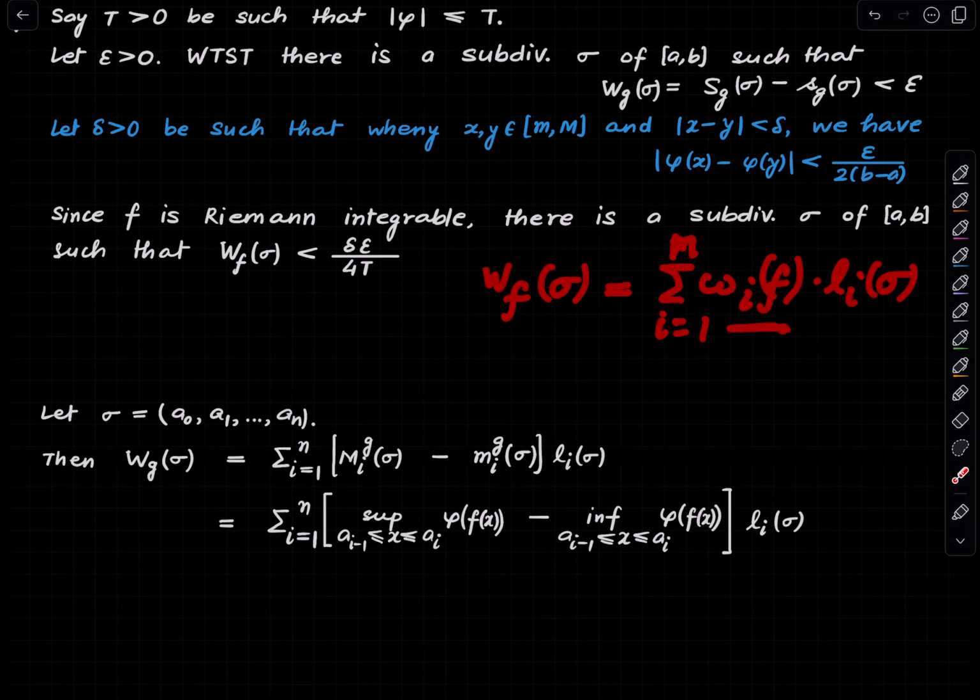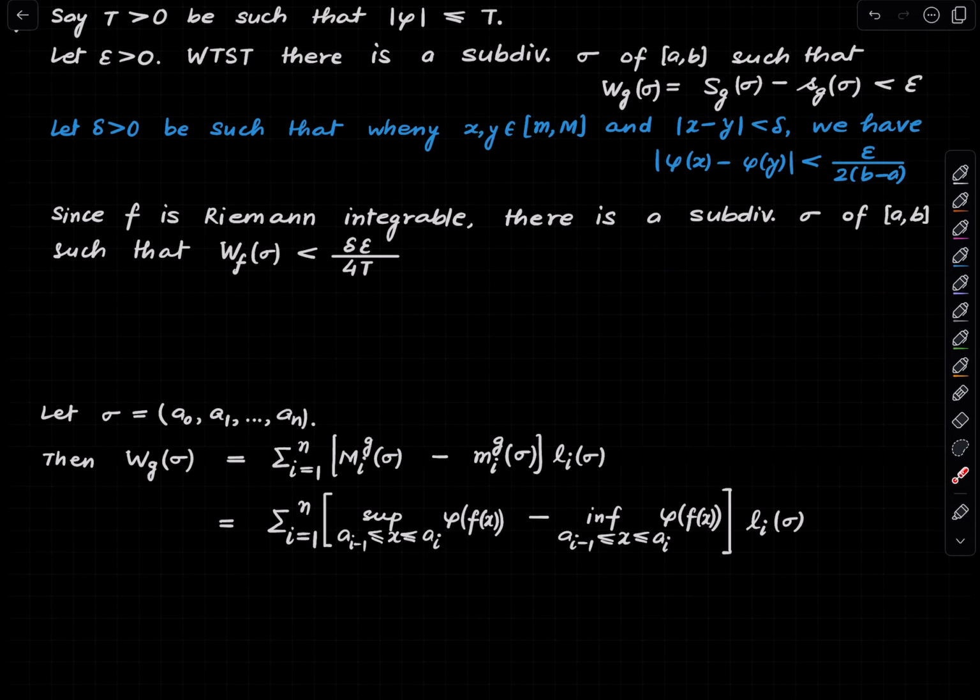By that I mean, it is the difference of the supremum of f over the ith part and the infimum of f over the ith part, right? So what we know is that some sort of an average of this is small, but that doesn't mean that for every i, ω_i(f) is small. So this is where we'll need to be a little bit more careful, or have a more careful analysis. So pick those parts over which f oscillates a little.